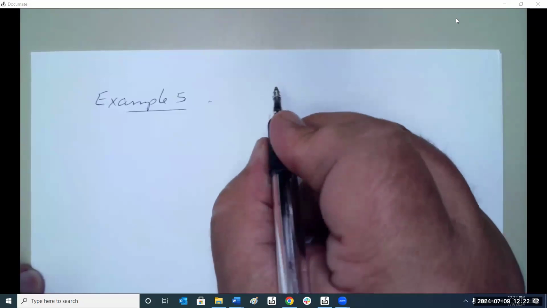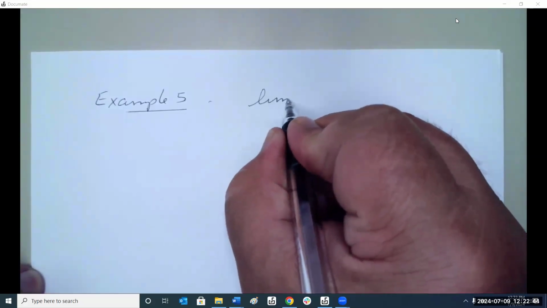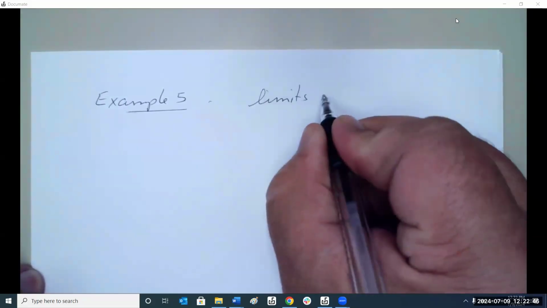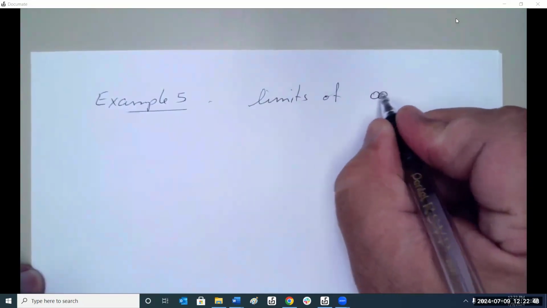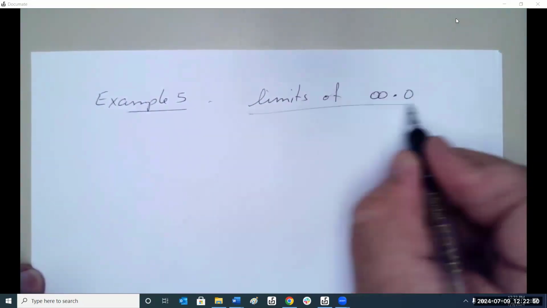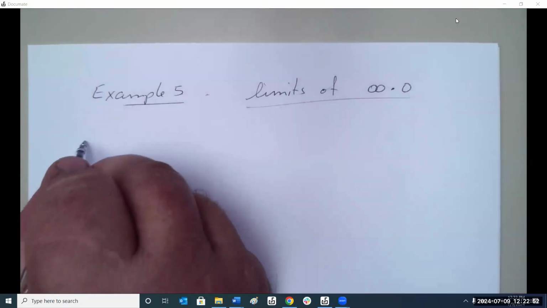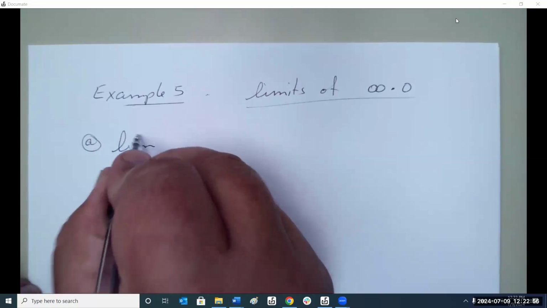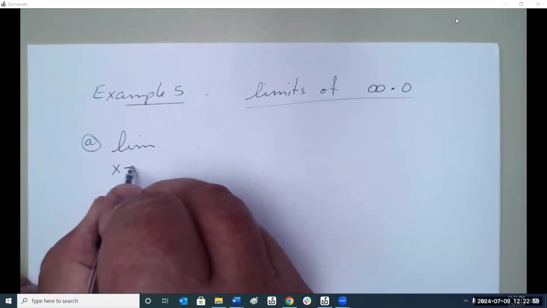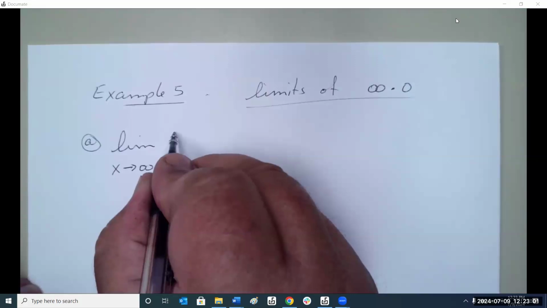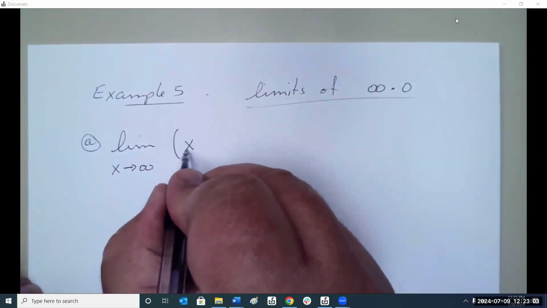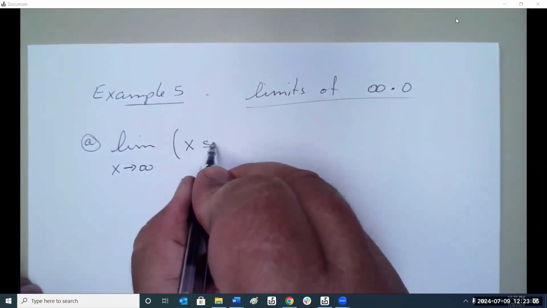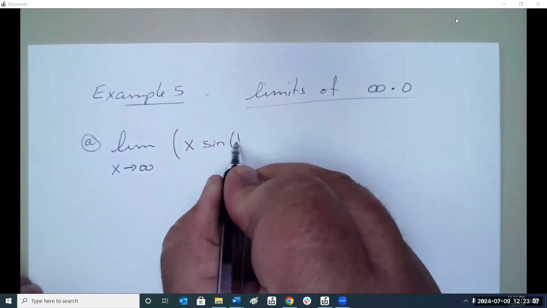Example 5. Now we're going to look at limits of infinity times 0. As x goes to infinity, we have x times sine of 1 over x.